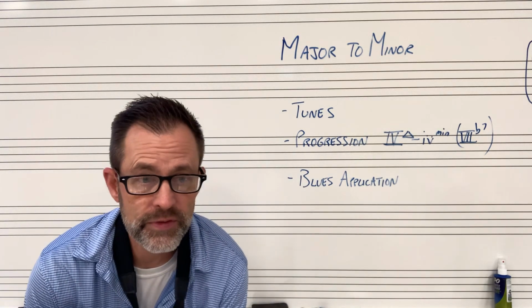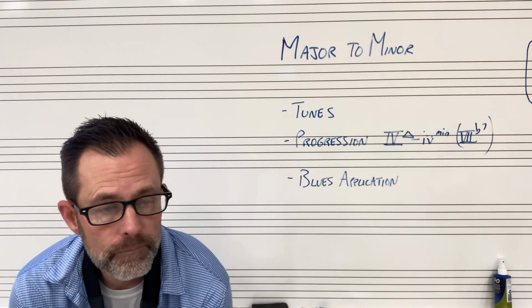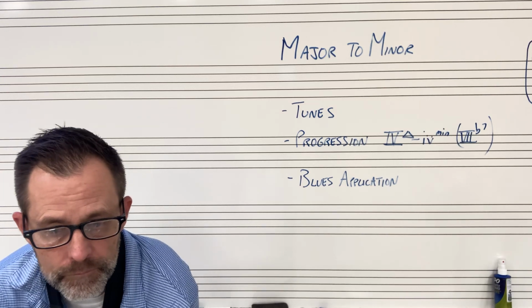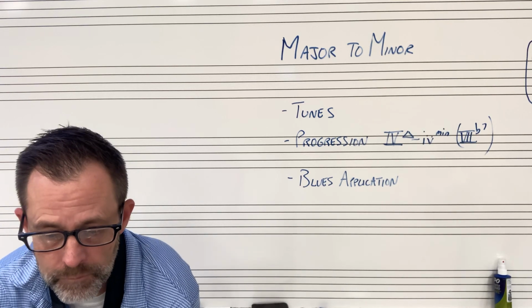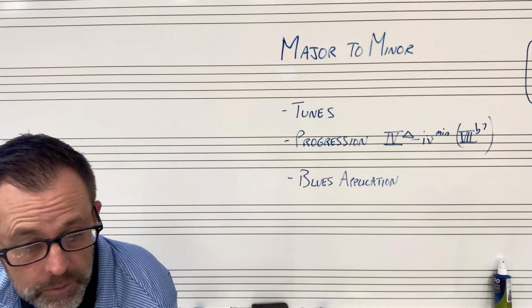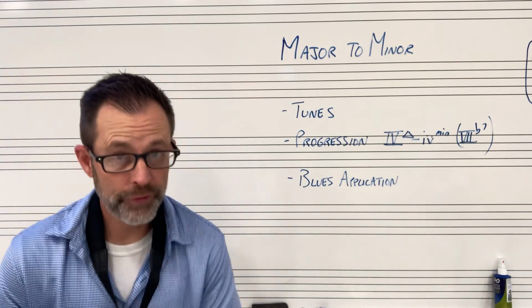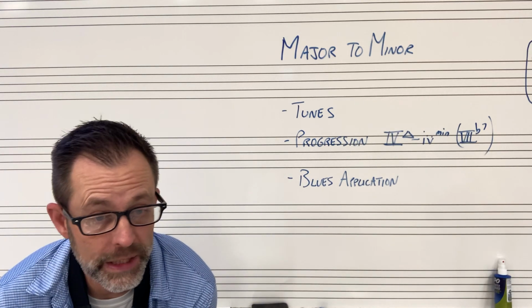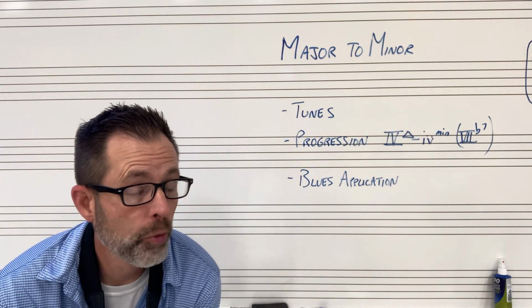So if I was in the key of C, now there's the 4 chord, but a very common chord to come next would be 4 minor.